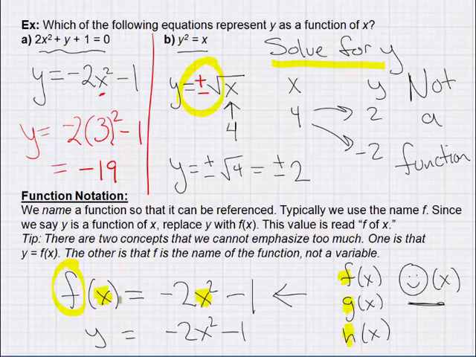The variable inside the parentheses, remember this is read f of x, is the independent variable. It's the domain variable. It's the starting variable. And that should be the same here. We can change that variable, but we've got to make sure that it all matches up.